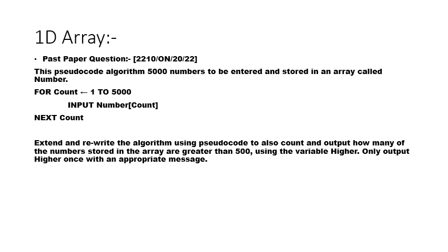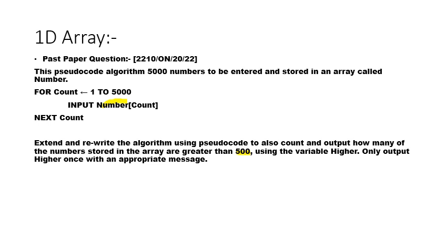For example, if someone enters numbers, if that number is greater than 500, only that particular number needs to be counted. Ignore the other numbers, for example, if the user enters 300 or 200 etc. So we need to extend this pseudocode.